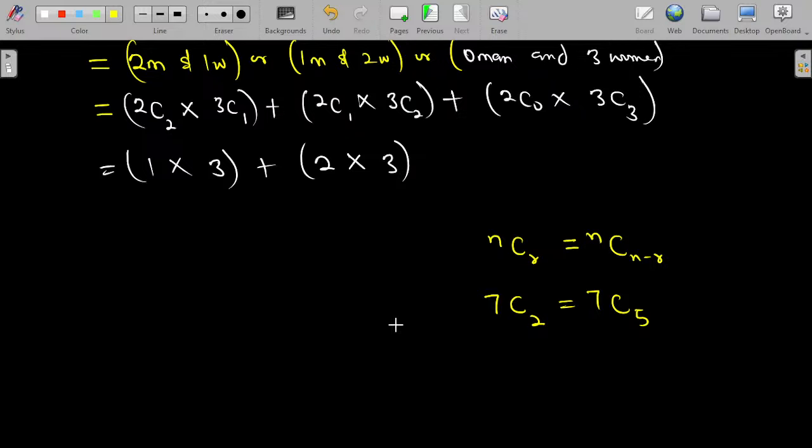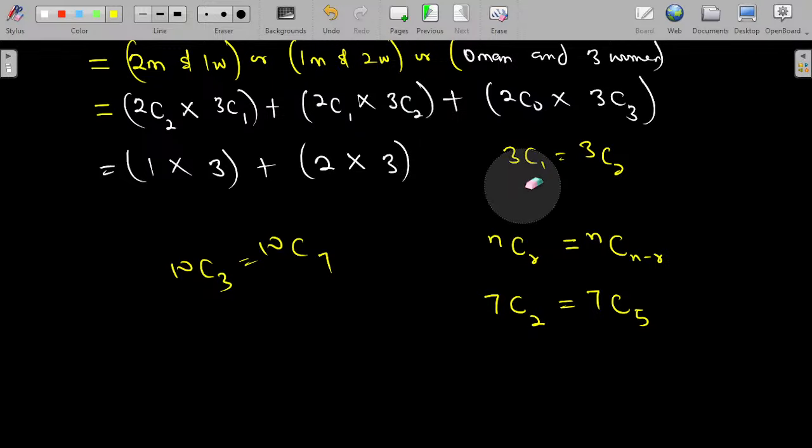So if I have 10 combination 3, it is the same thing as 10 combination 7. So just subtract the initial r from your n, it will be the same thing. Okay, and if you look at that, you see that 3 combination 1 will now be equal to 3 combination 2. So since we got 3 combination 1 as 3, therefore, 3 combination 2 will also be 3.